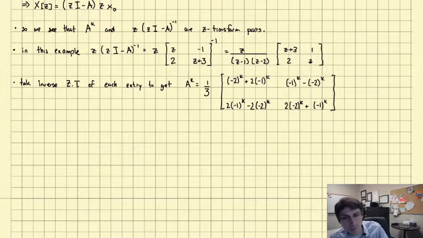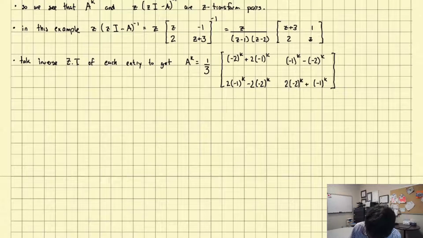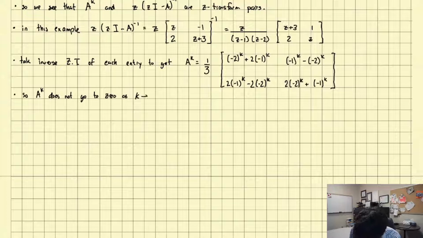So this matrix is definitely not going to 0. So A to the k does not go to 0 as k goes to infinity, not asymptotically stable. Okay, so that's one way to compute this state transition matrix using Z transforms.